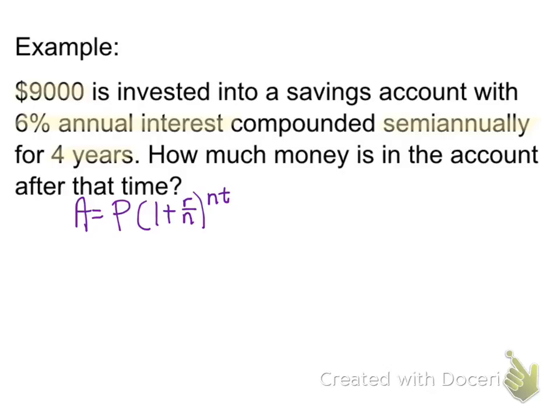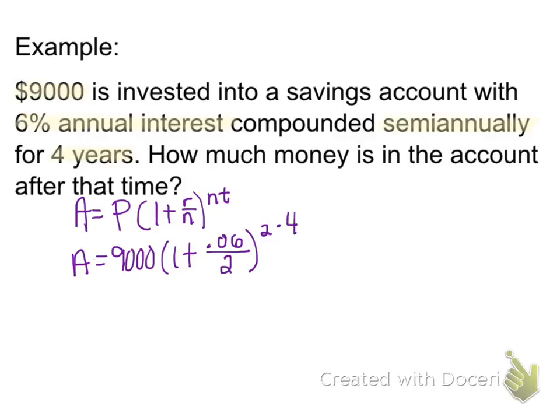So I'm going to have A equal 9,000 times (1 plus, we need to turn that percentage into a decimal, so 0.06, divided by how many times that interest rate is applied throughout the year, which is semi-annually, so 2 times per year). And then for our exponent, we're going to have 2 times 4, because we're looking at 4 years.